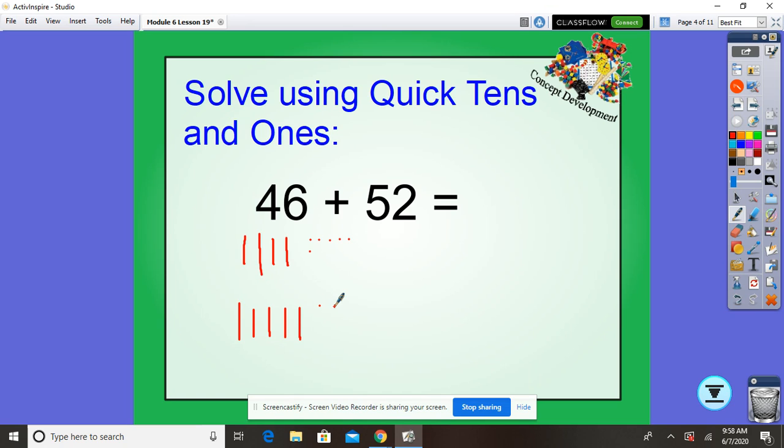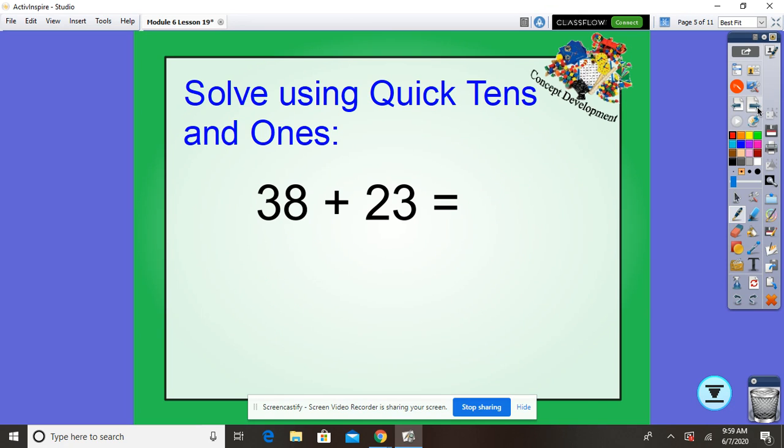So the first thing I'm going to do is count by tens. 10, 20, 30, 40, 50, 60, 70, 80, 90, 91, 92, 93, 94, 95, 96, 97, 98. So my answer is 98, which is 9 tens and 8 ones.